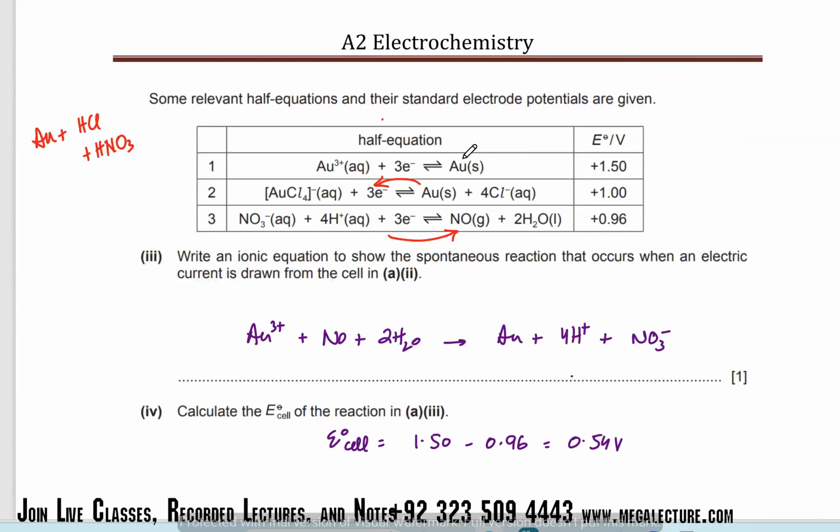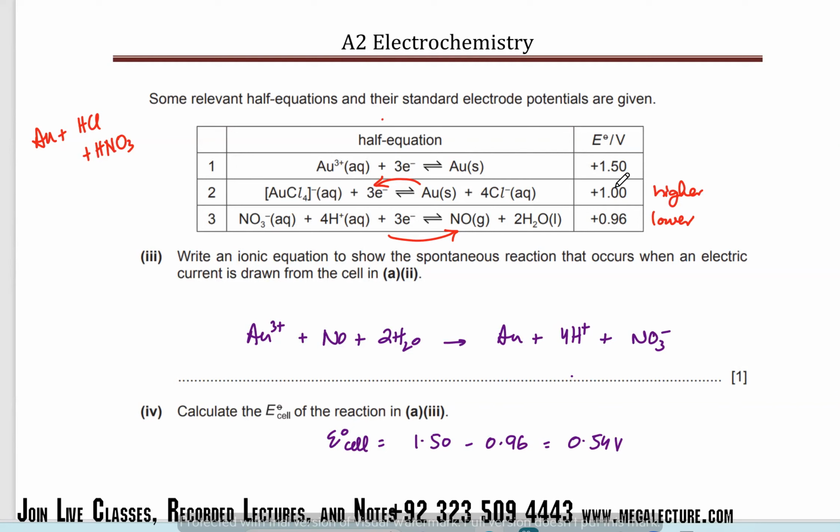So I guess that's what's going to happen. Gold will oxidize and dissolve, and nitric acid will get reduced. Only then will it dissolve. But if you look at the equation and the values, that is not really going to happen, because this is the higher one and the other one is the lower one.